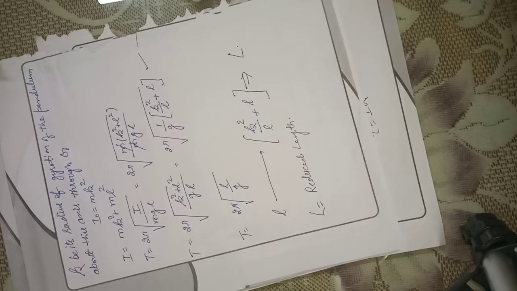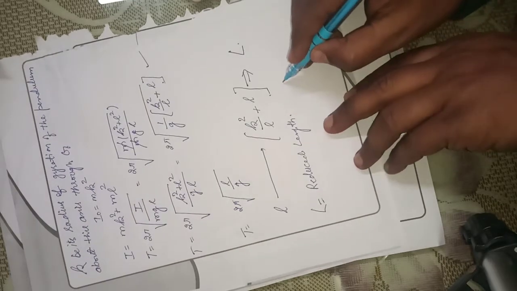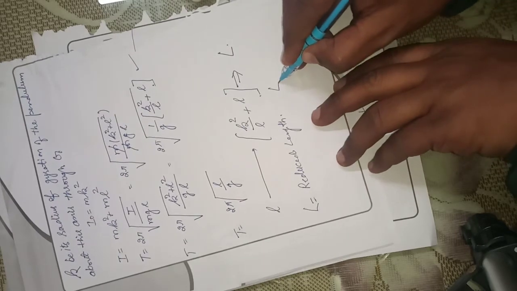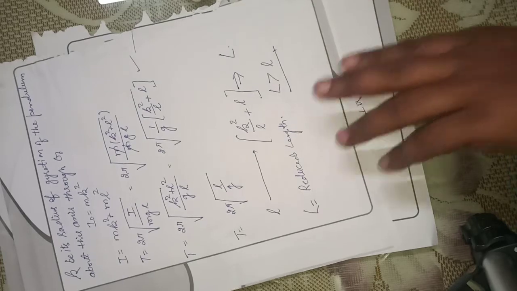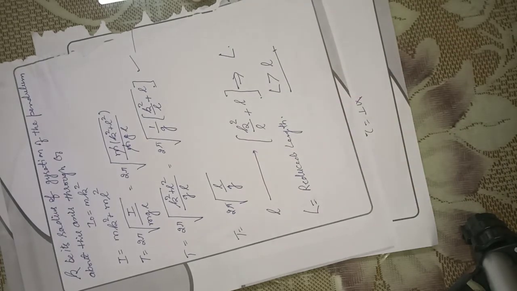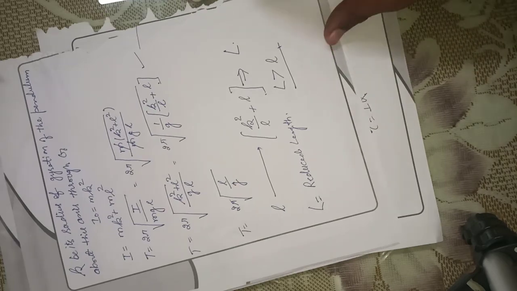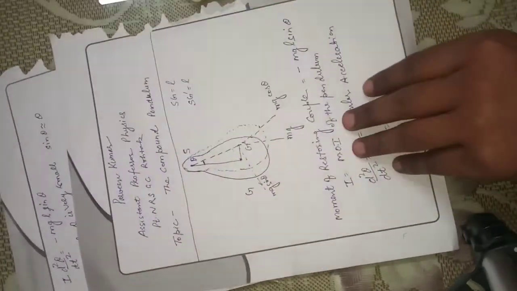Since k square is always greater than 0, the length of the equivalent simple pendulum, or we can say the reduced length, is always greater than the length l, the length of the compound pendulum. Okay, so this is the compound pendulum.